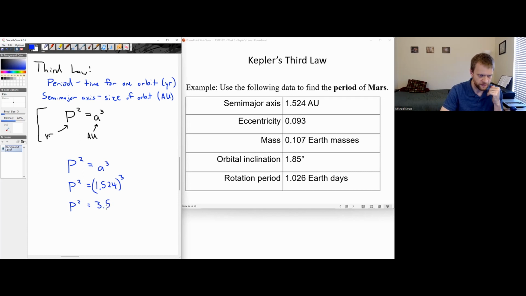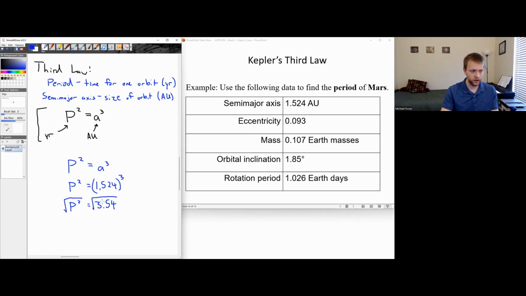So now we know that the period squared is 3.54. But we just want the period. So think about this: what do we have to do to both sides of this equation to get just the period? Well, if we have the period squared and I want to get rid of that squared term, I need to take the square root of both sides.